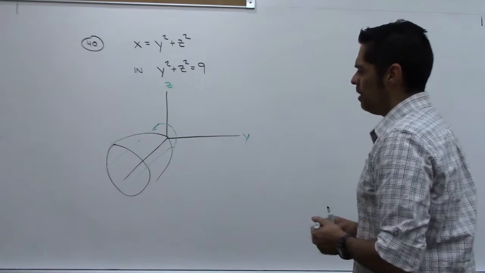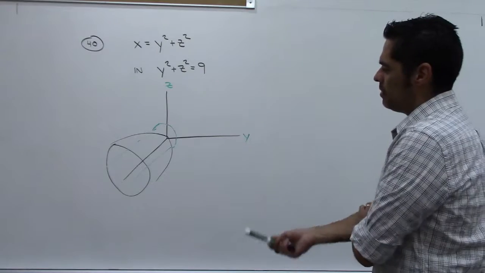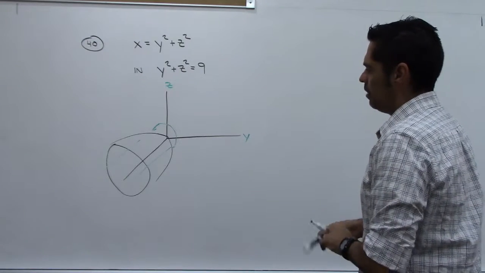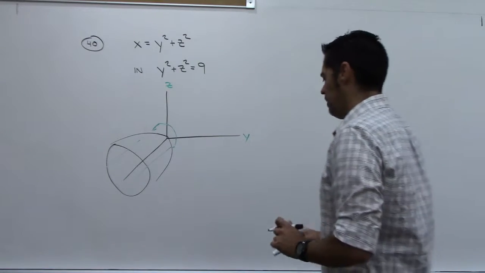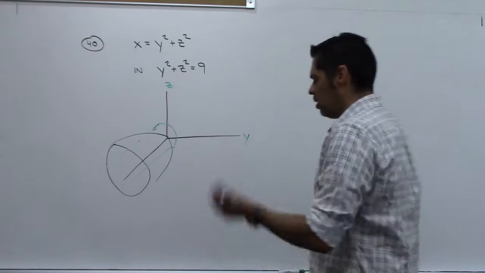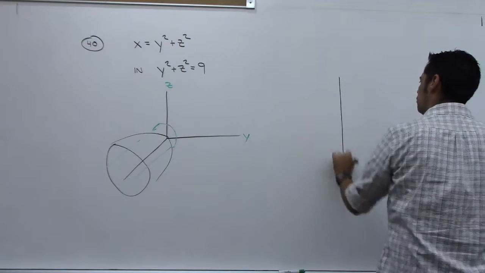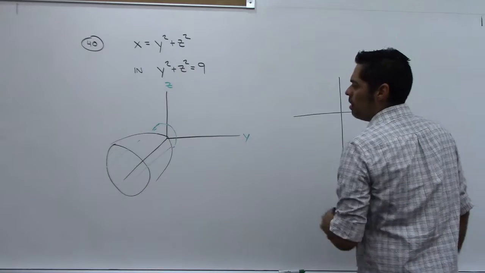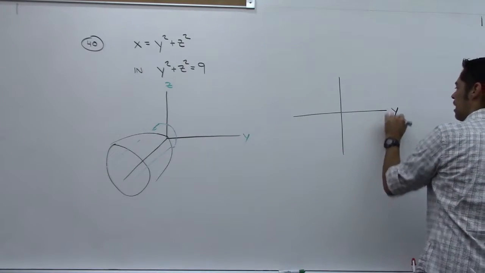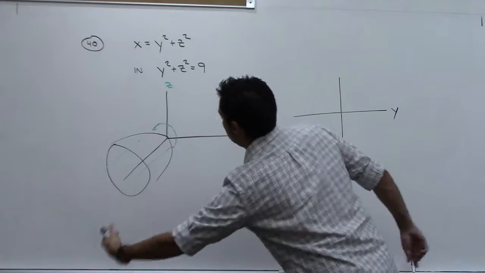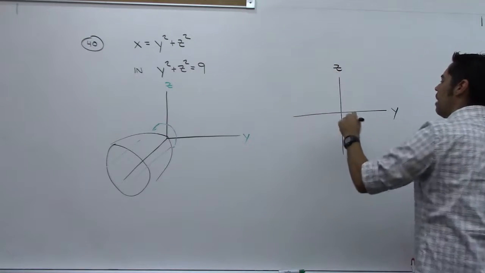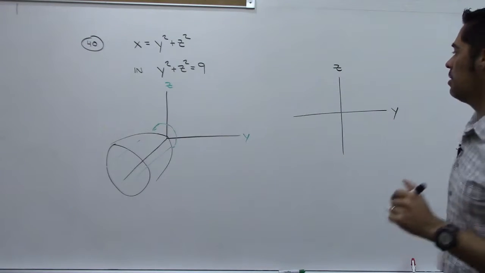And so what we want is the surface area of just that piece. Again, I can't do a great drawing of this, but if we look at it from the top, when I say top, what I mean is we're actually looking down onto the YZ plane. X is coming out at us.